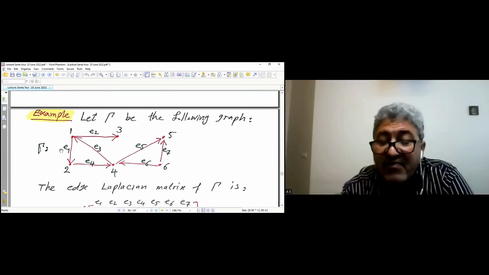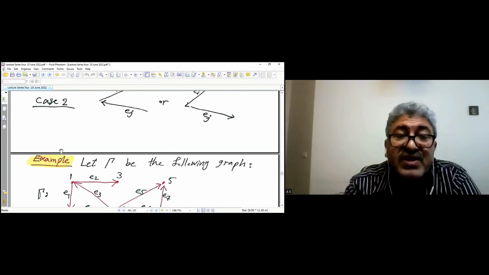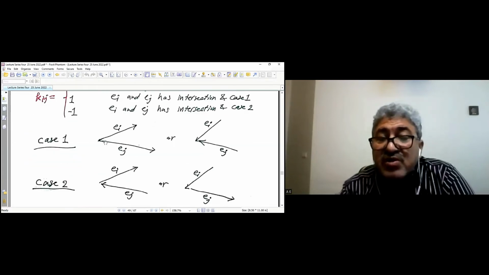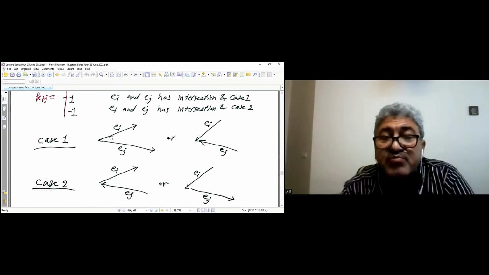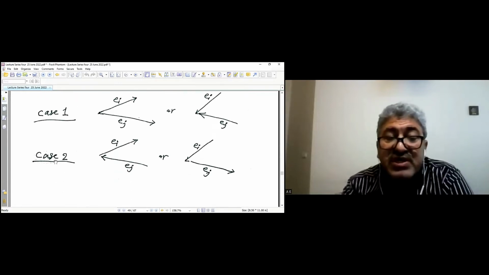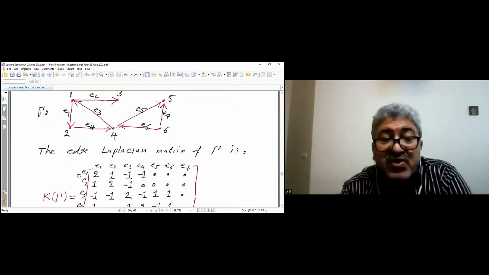Look here, if we have 2 edges going out or coming in to the intersection point, we can put 1. So here the entries E1, E2, we have 1.